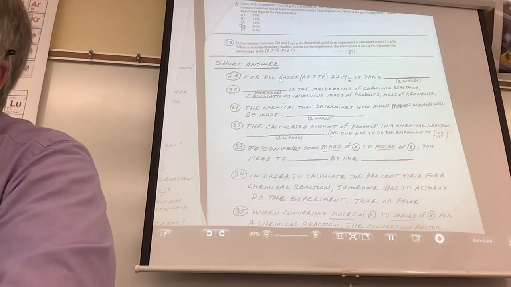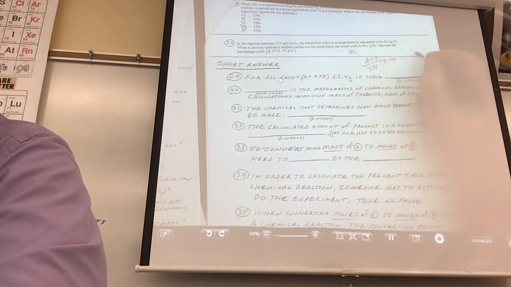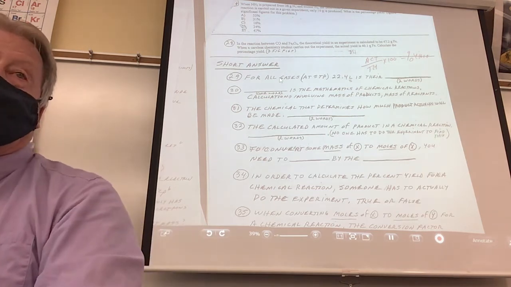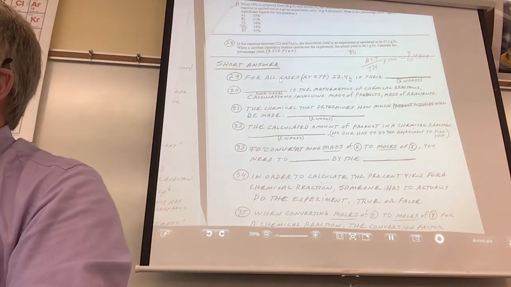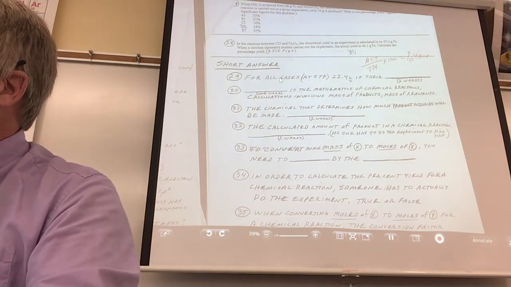And what do you call it when you take the actual yield and divide it by the theoretical yield times 100? Percent yield, right? And percent yield is percent of correctness. Like, hey, I could have gotten 8.5 grams, and when I did the experiment, I got 8.1 grams. So I could figure out my percent of correctness, can I?